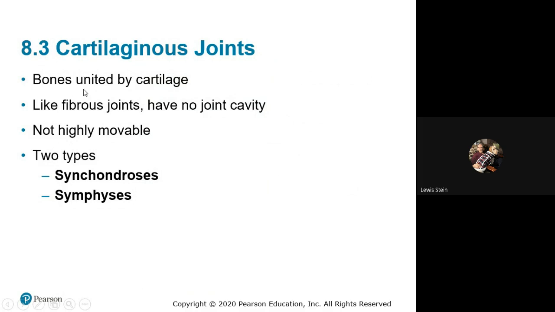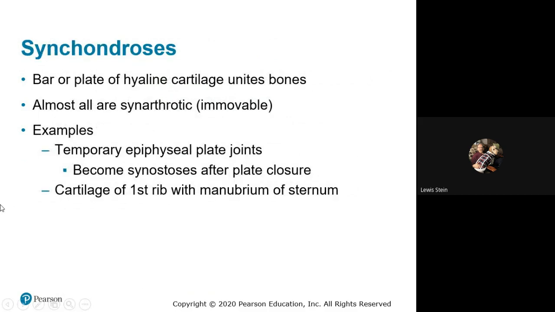So these are cartilaginous joints, amphiarthrotic, some movement. Like fibrous, no joint cavity need apply. Not a lot of motion. Basically two: the synchondrosis and the symphysis. The synchondroses, I don't necessarily buy what they're selling.